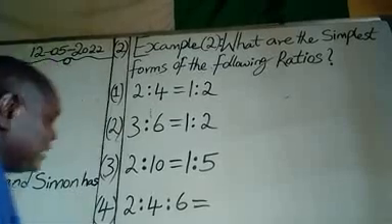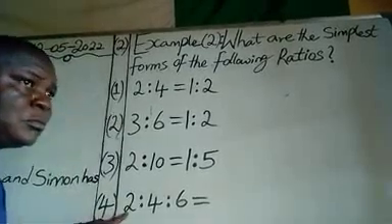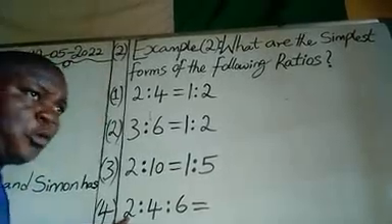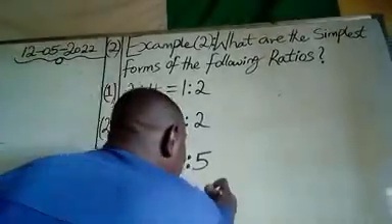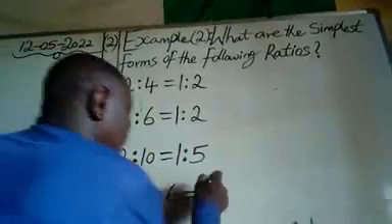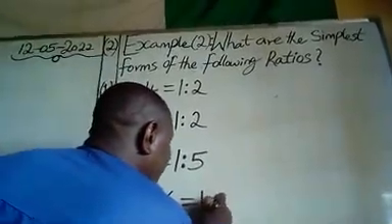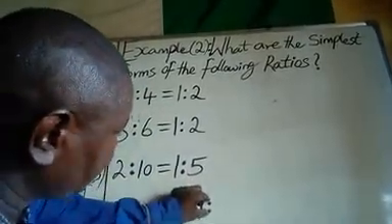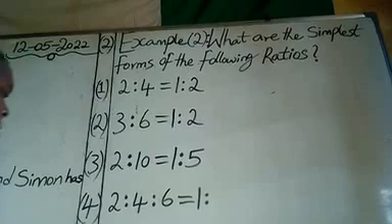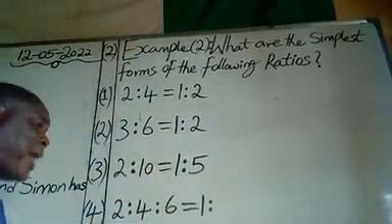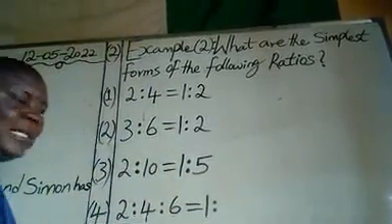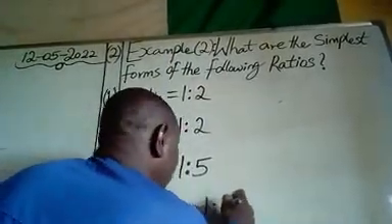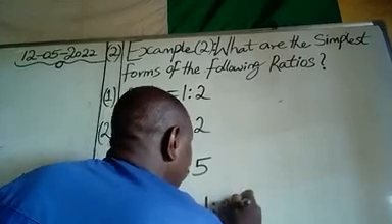This 2 divided by the 2 that I have selected. 2 divided by 2, the answer is 1. Put down the sign of ratio. Okay? 4 divided by the 2 that I have selected, the answer is 2.